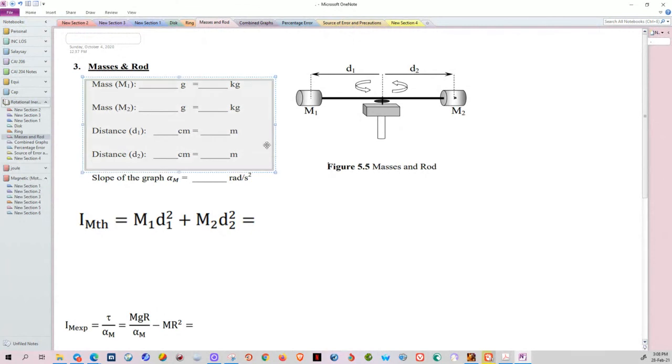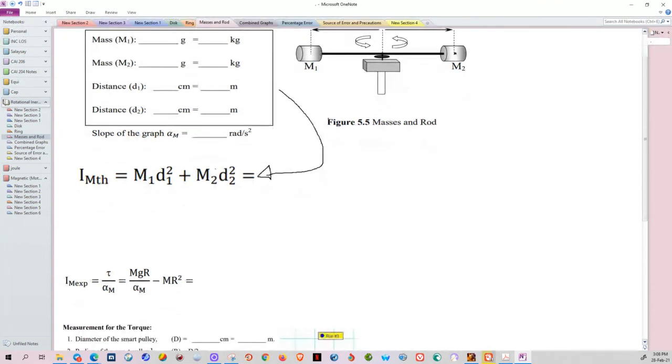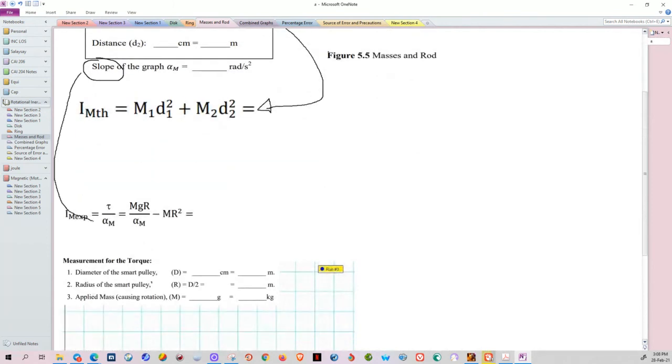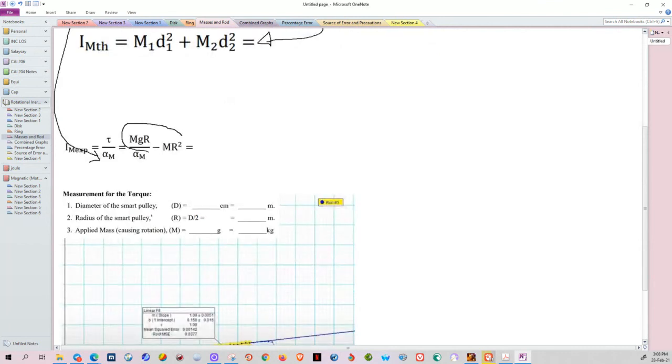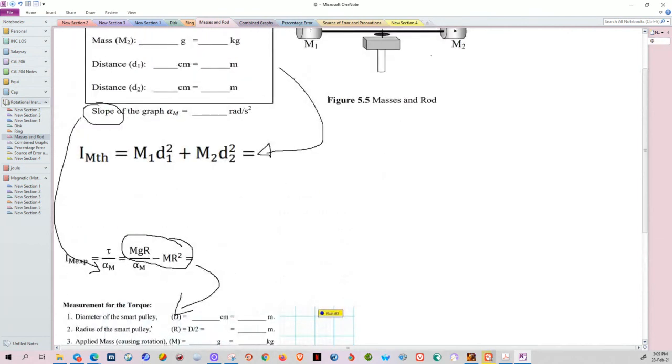This measurement of the mass and the distance, what distance? Distance 1 and distance 2. This measurement is for the theory calculation. The slope is for the experiment calculation. mgr minus mr squared here will come from the torque, not from the measurement of the mass.